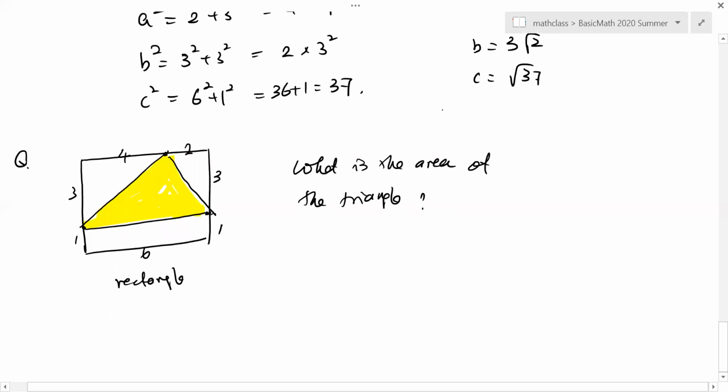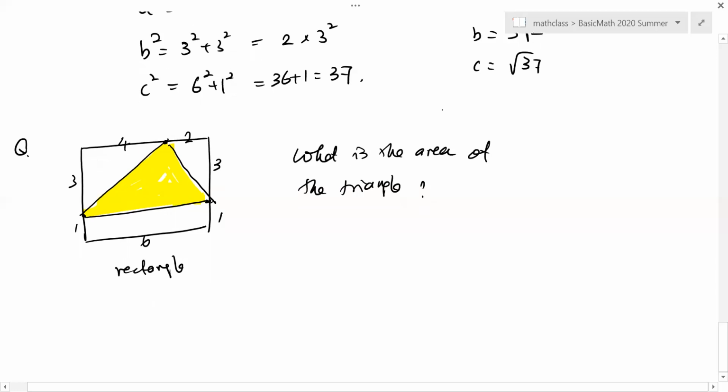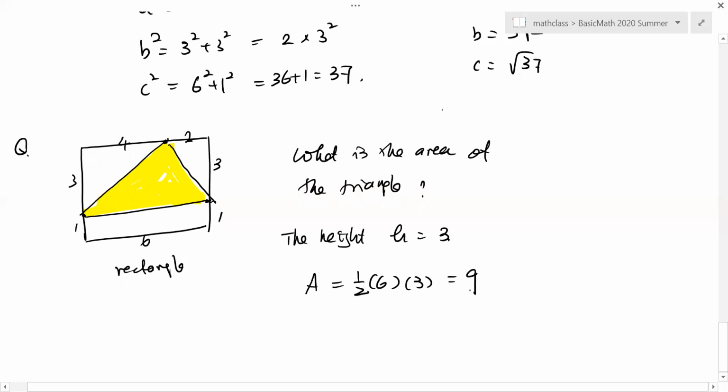Because you don't need to use subtraction here. The reason is the base is parallel to the edge of the rectangle. So the height h of this triangle is just equal to 3. So that's why the area is going to be half of the base times 3. So that is going to be 9.